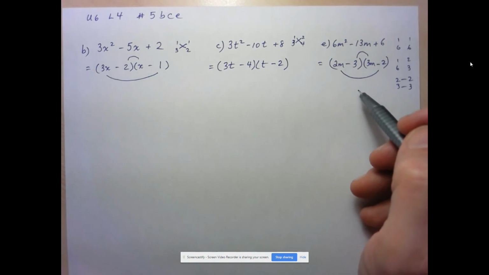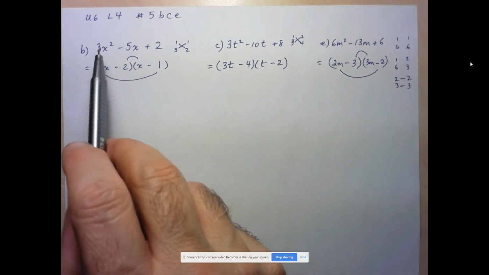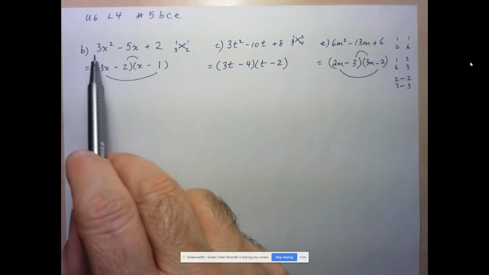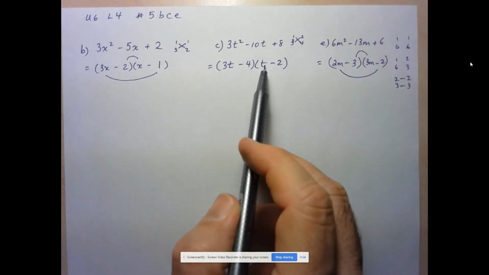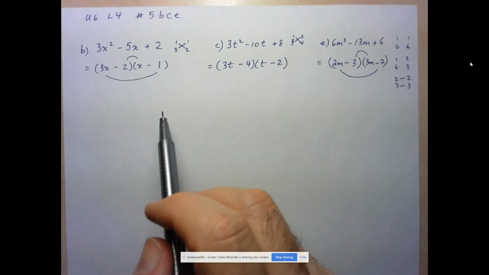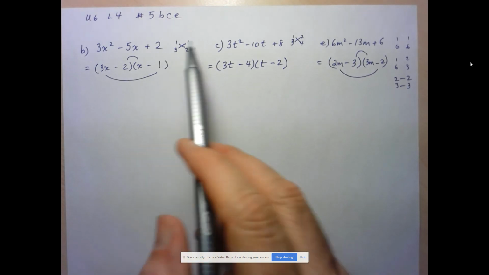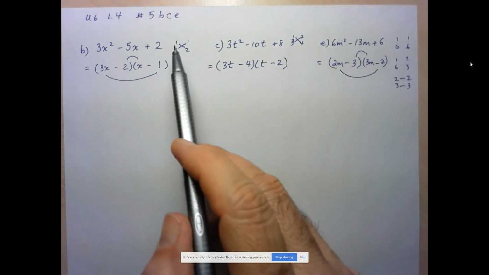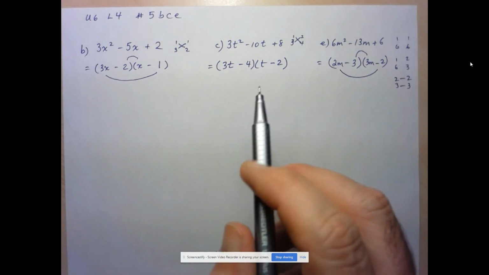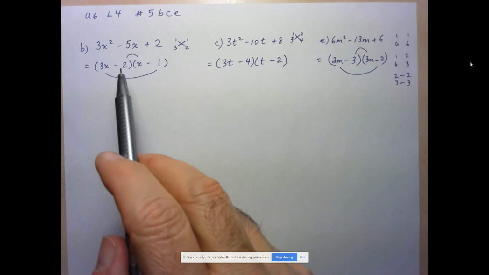Okay? So just to recap here, when you see something nice, like the coefficient of x being a prime number, write out your first terms in each bracket right away, because there's only one possible combination. In this case here, we had a prime, the other two cases non-prime, so this is where you're going to make your chart and figure out the last terms.